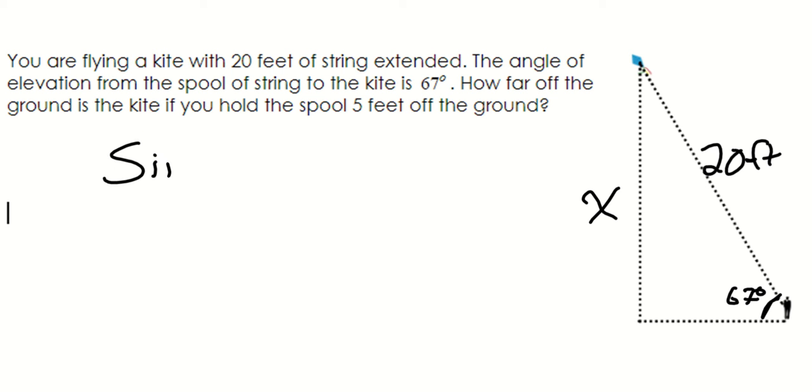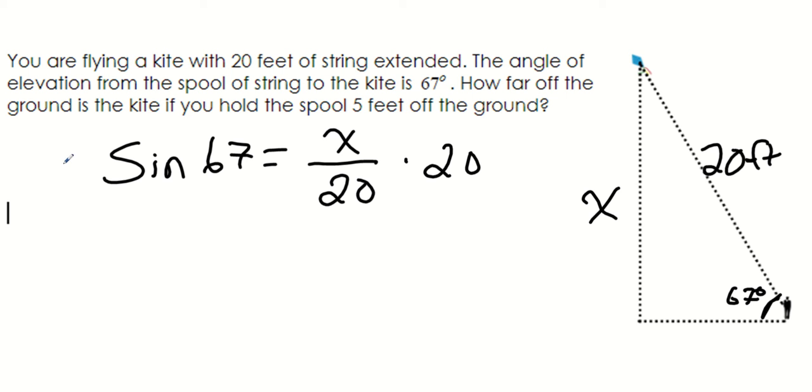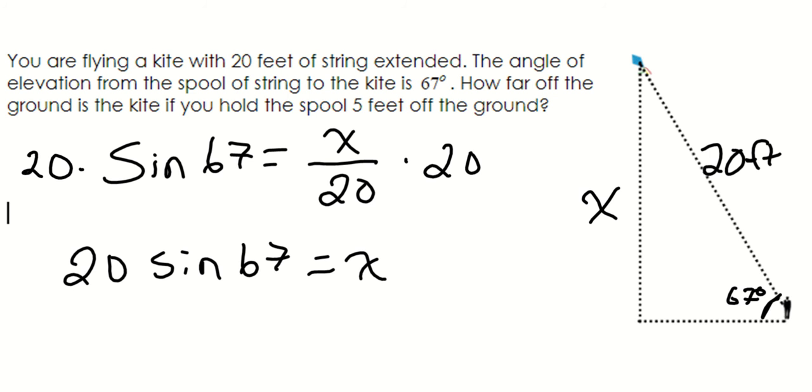So I have the sine of 67 degrees is equal to opposite over hypotenuse. So to solve for x, I must multiply both sides by 20. So I get 20 times the sine of 67. And then you're going to go to your table or your calculator to plug that in.